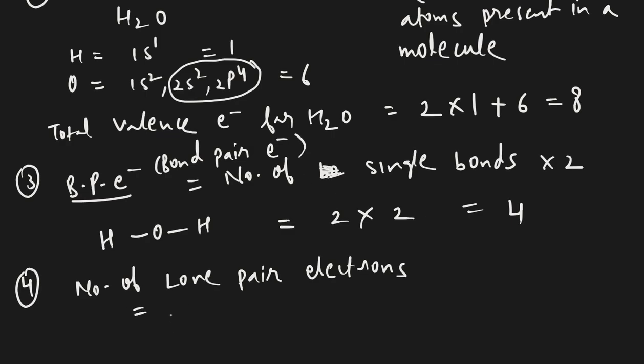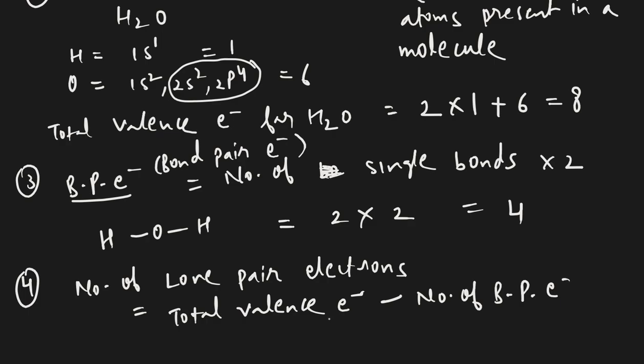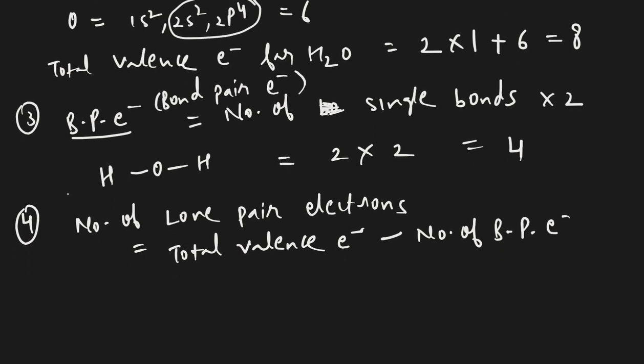This is given by total valence electron minus number of bond pair electrons. In case of water, we have already seen that the total number of valence electrons was 8, and the number of bond pair electrons was 4.